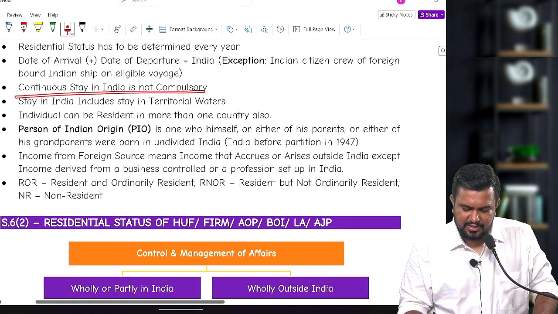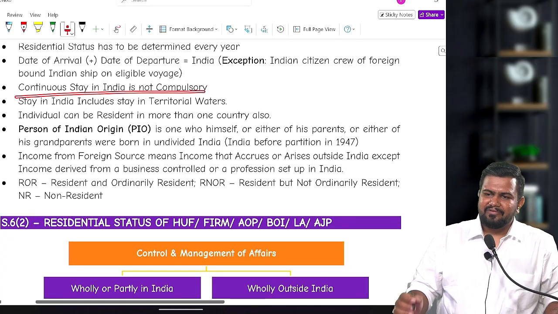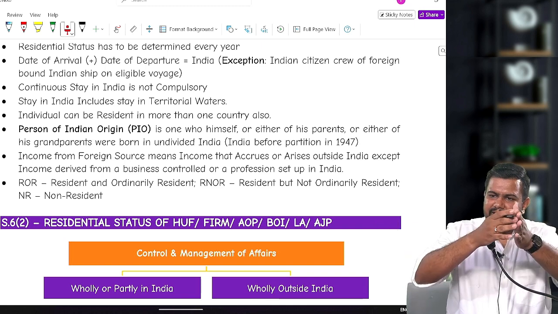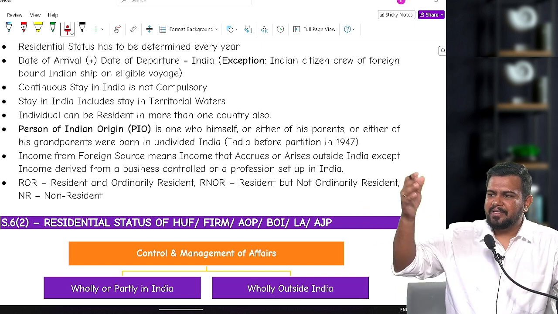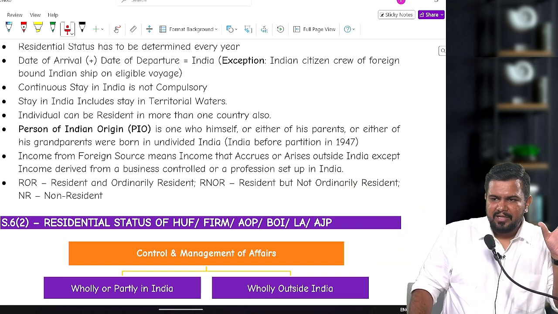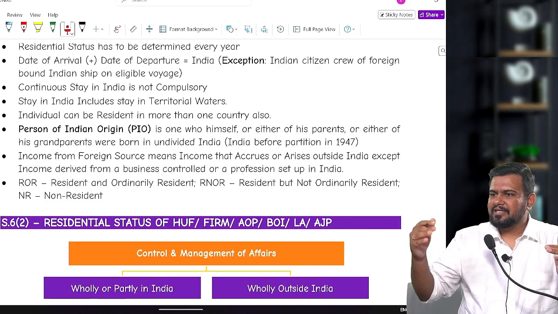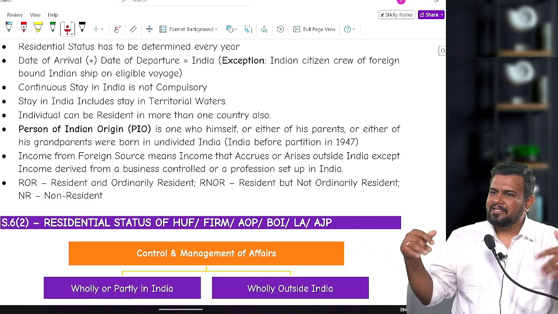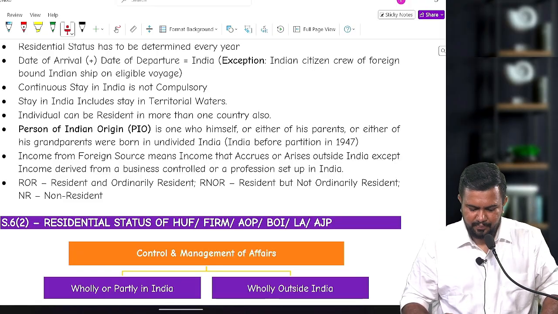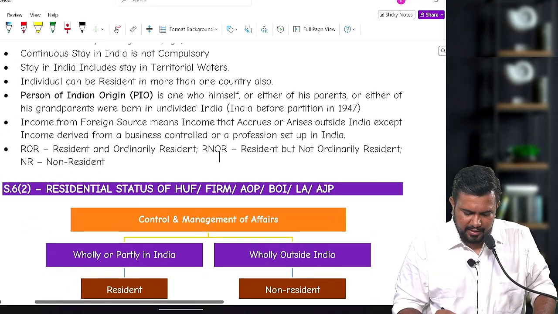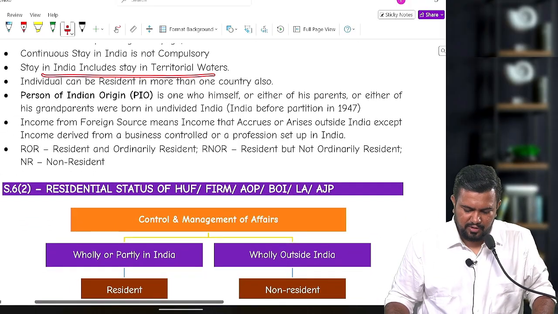Continuous stay is not compulsory. The 182 days need not be continuous; it can be in bits and pieces. For example, first staying for 4 months, then going back to a foreign country, then coming back and staying for 3 months. So a total of 7 months, and the person is a resident. Next, stay in India includes stay in territorial waters also.